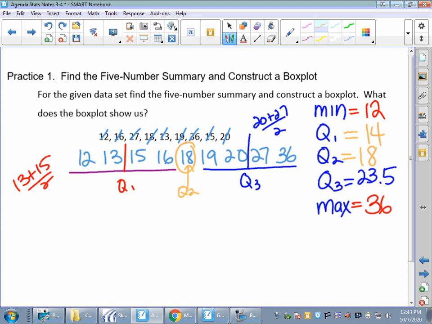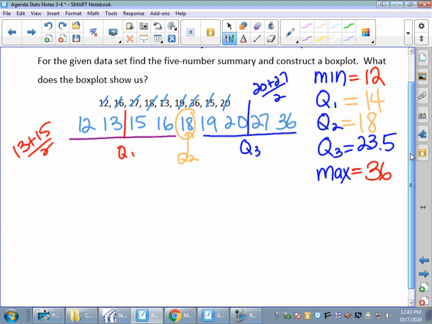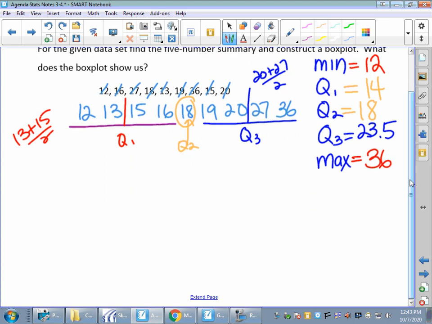So once I've got my 5-number summary, I need to make myself a scale. That scale needs to go from my min to my max, 12 to 36. Probably shouldn't have done that way, but it could be tricky. How about I just do this? Sorry, I can't erase quite so evenly.